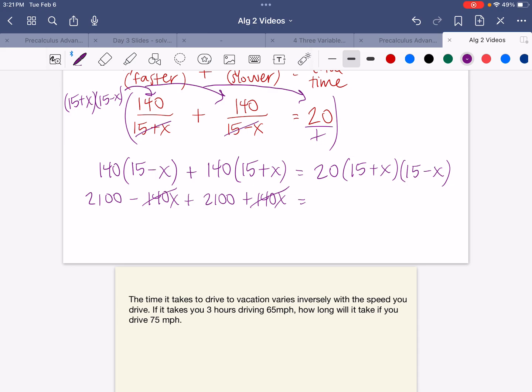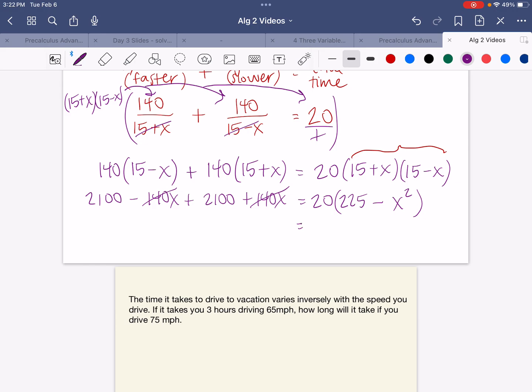The other side, I'm going to notice that this is a difference of squares, so I'm going to multiply that first. 15 times 15 is 225, and then the 15x in the middle will cancel, and I'll be left with minus x squared.